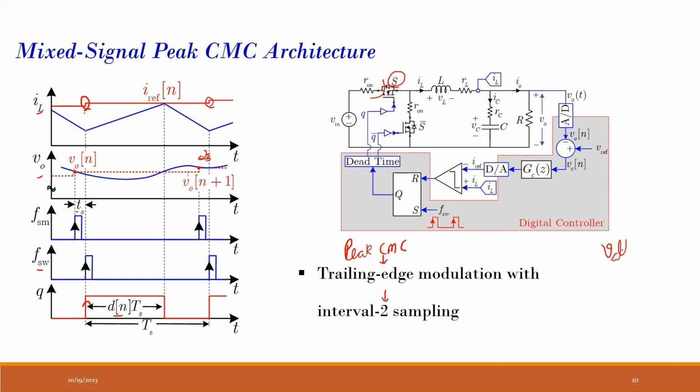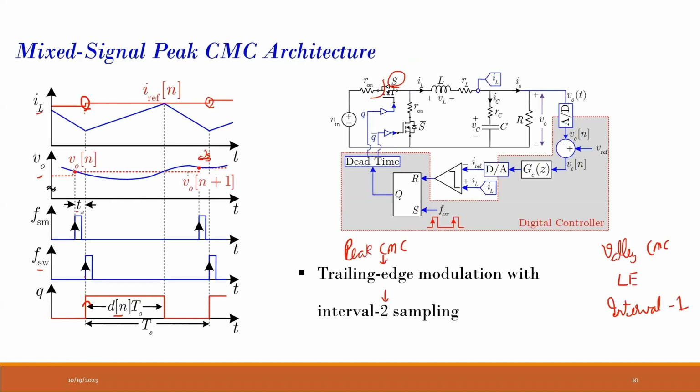For valley current mode control, it will be leading edge modulation, and it will be interval 1 sampling. Okay, so this is something you must know. You must keep it in your mind so that you will be able to understand and remember it.